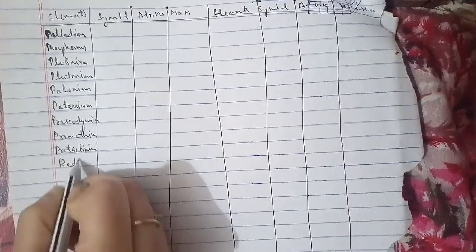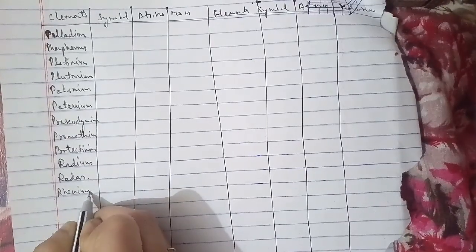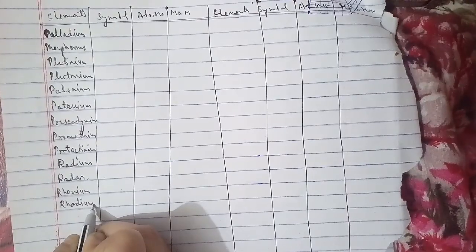After silver, then we have sodium. After sodium, we have strontium. After strontium, we have sulfur.